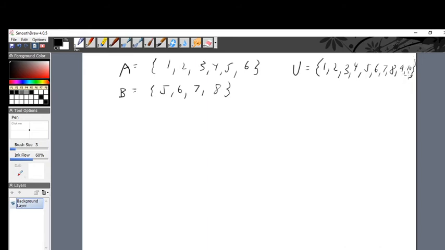The universe is over. If I had an 11 here in A, then this wouldn't work with this universe. So I wouldn't be able to put an 11 or some other thing. This is our entire universe that we're working with in these problems.